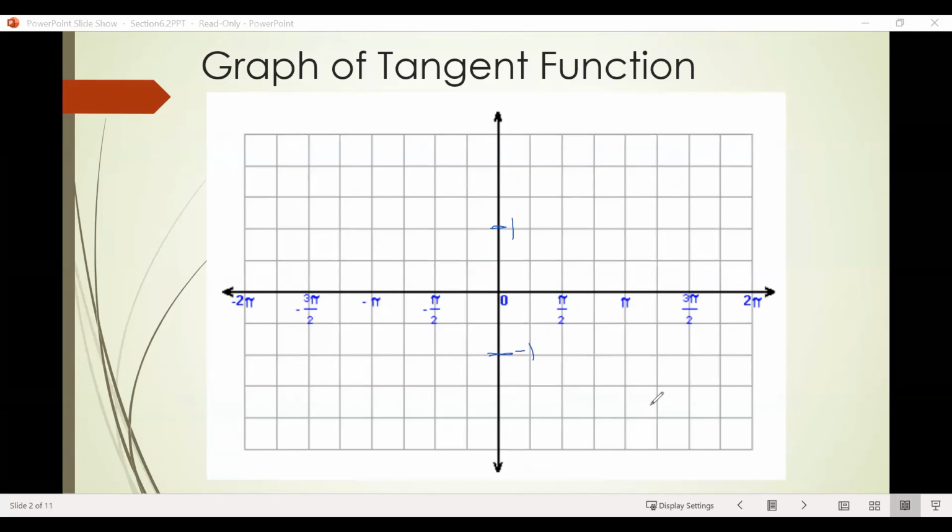We had this here, this here, and this here. And then we also had our vertical asymptotes. Okay, and I'm going to draw in a couple more periods of this, because we're going to do some analysis now of this function.